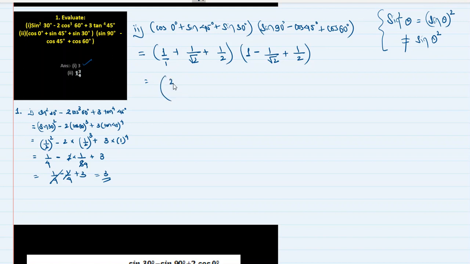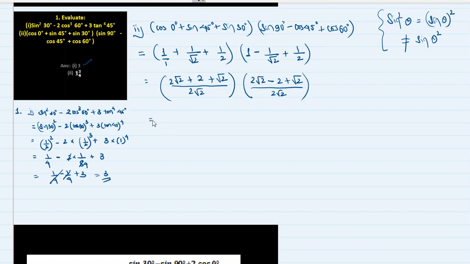So this will become 2 root 2 plus 2 plus root 2, the whole upon 2 root 2. Okay, so this is 2 root 2 minus 2 plus root 2, the whole upon 2 root 2.